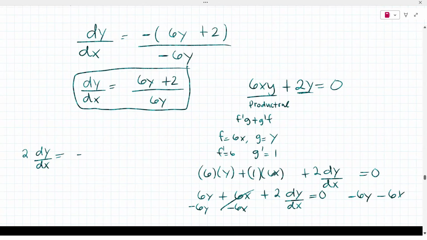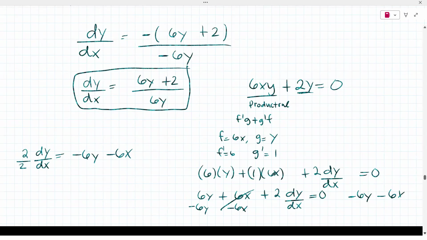This is going to be negative 6y minus 6x. And then get rid of this 2 by dividing both sides by 2. Wait, did I do this right?